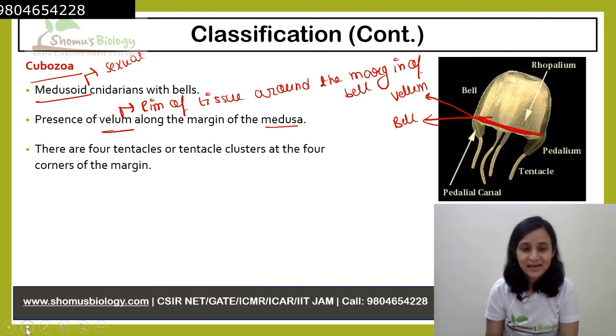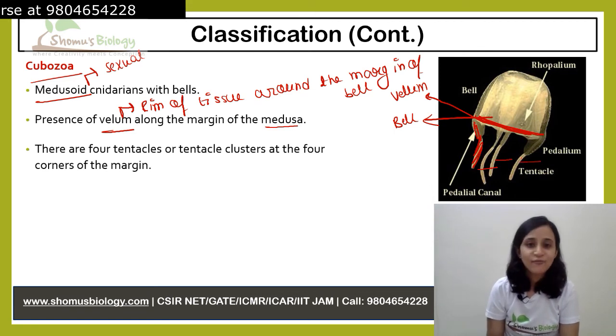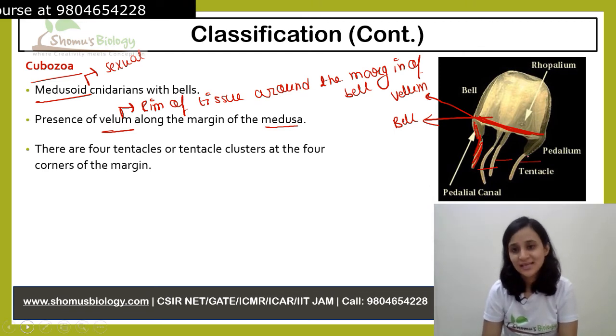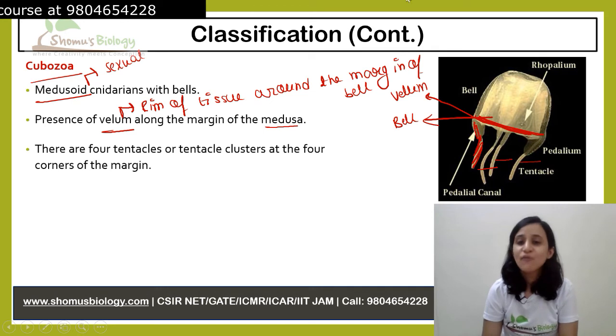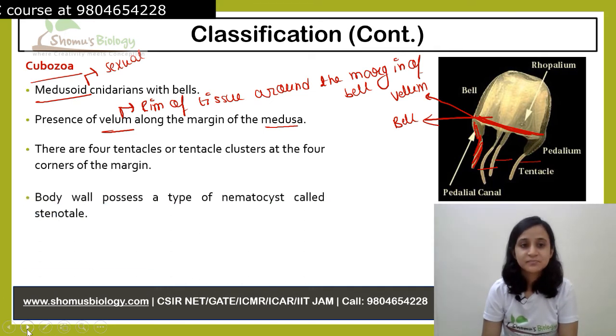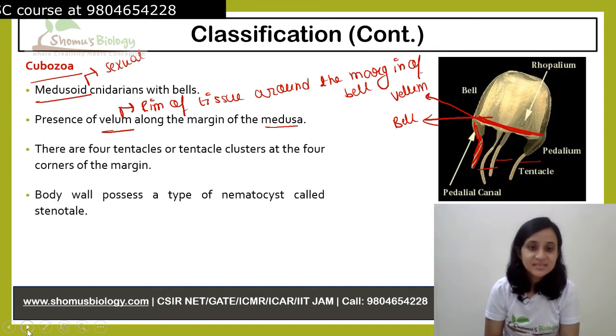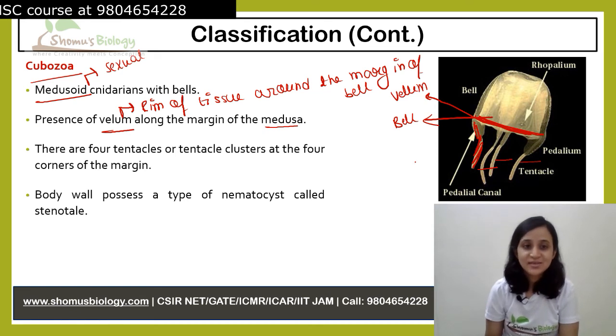There are 4 tentacles or tentacle clusters at the 4 corners of the margin. So here you can see, right, that these are the tentacles. So 1, 2, 3, 4. So they have 4 tentacles, and those tentacles are originating from the 4 corners. Body wall possesses a type of nematocyst called stenotele.